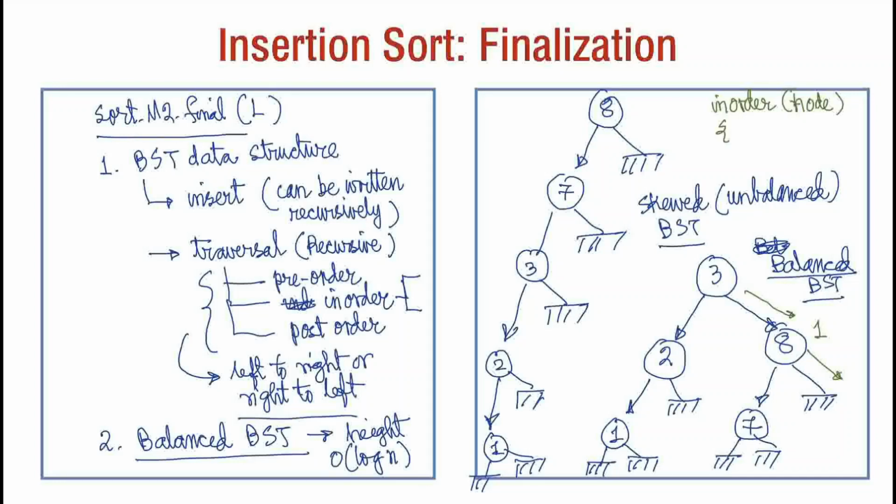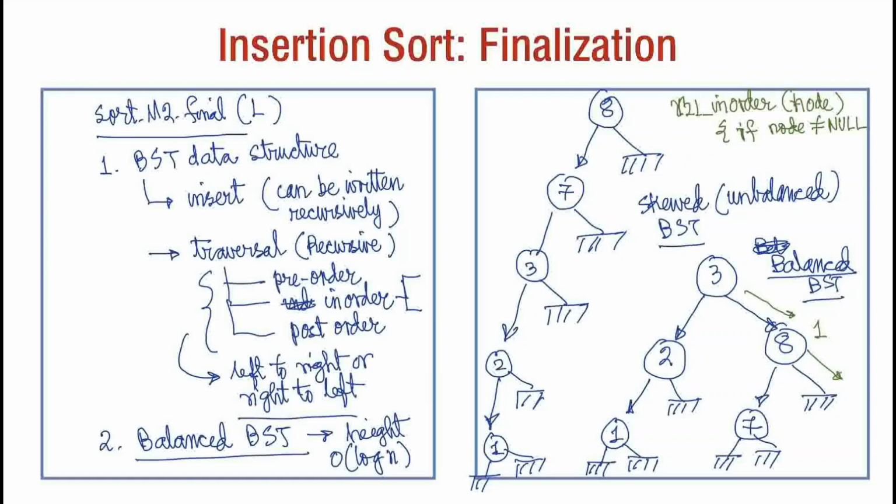The first thing that we do is call it on the node, and we are doing a right to left in-order traversal.